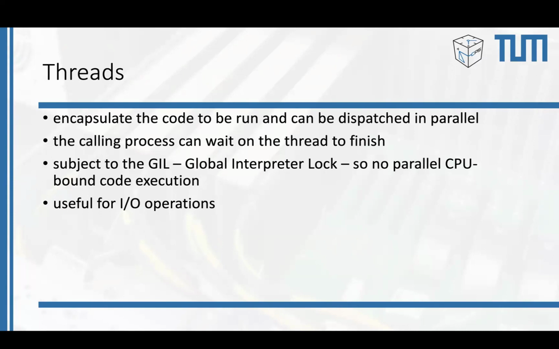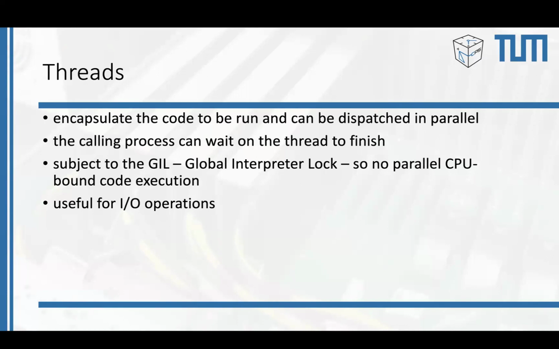What pattern was this? Do you remember? Command, right? This is the command pattern in action. You'll see that again and again in multiprocessing. Basically, you're putting everything in one block, in one function, and then you dispatch it to a machinery that does the processing for you. This is the command pattern.